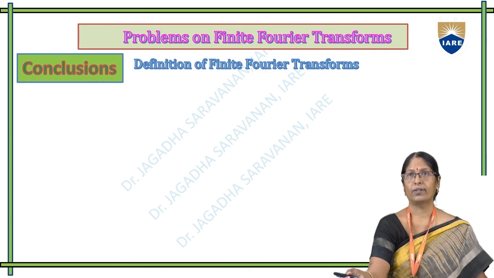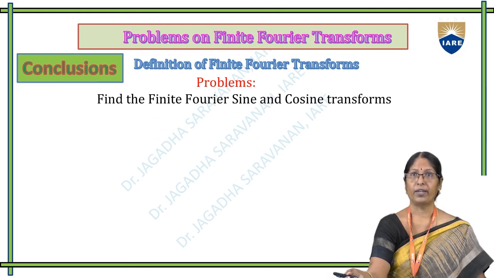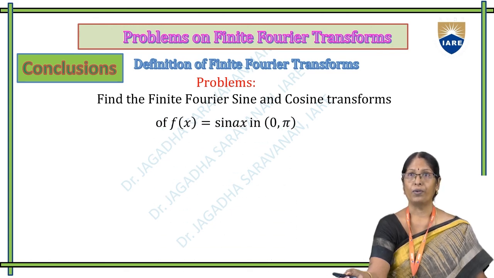We focused on how to identify whether the given problem comes under finite or not, depending on x lying between 0 to L. First we selected: find the finite Fourier sine and cosine transforms of f of x equal to sine ax in the interval 0, pi.